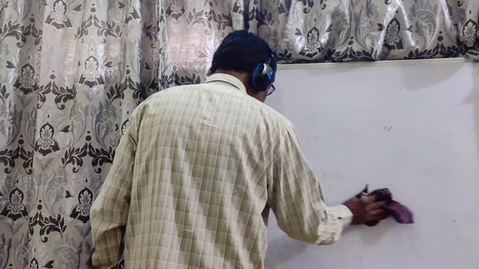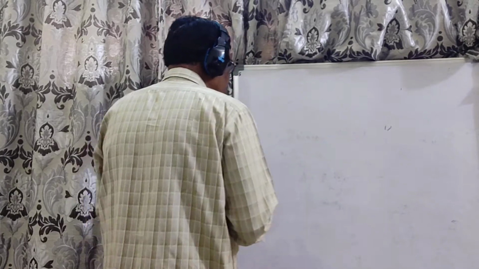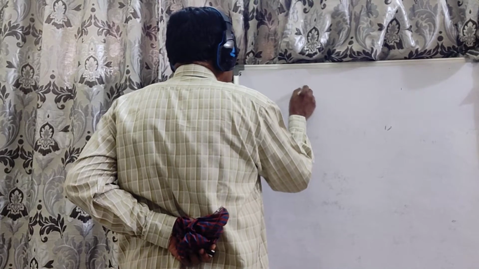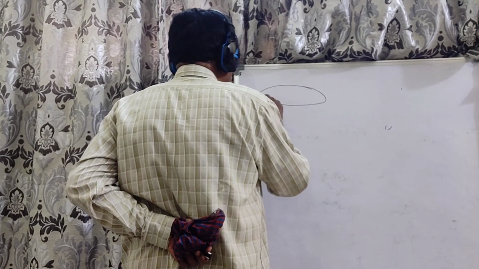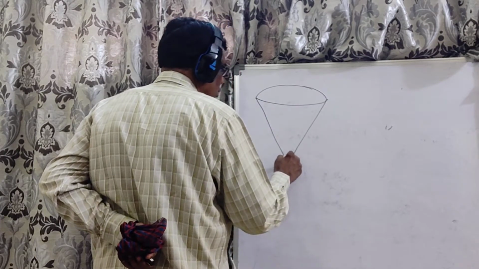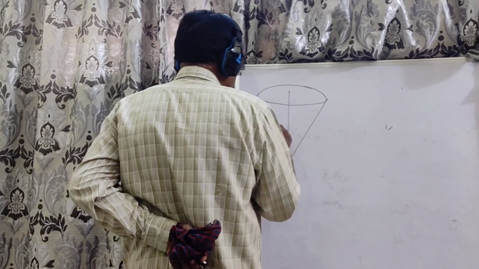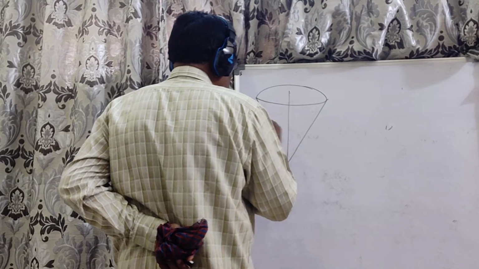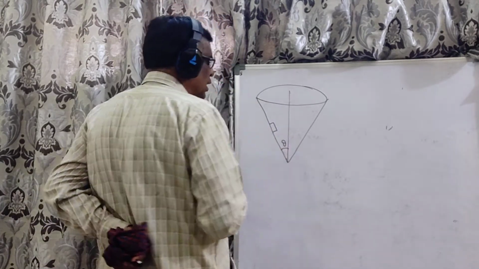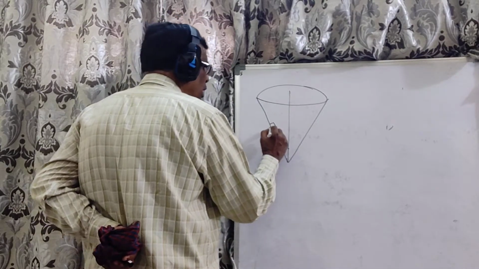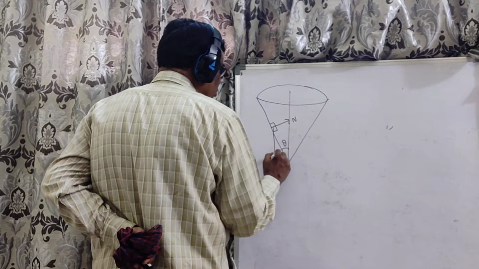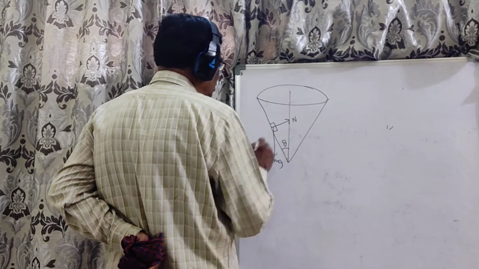Now let us try to look at this. Suppose it is like this. This is the semi-vertex angle, and this is a cone. I put a body here. Now this is N, and this is mg.